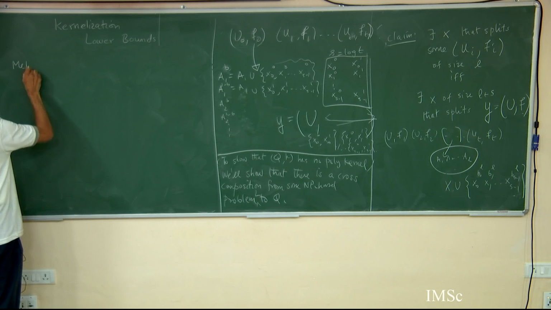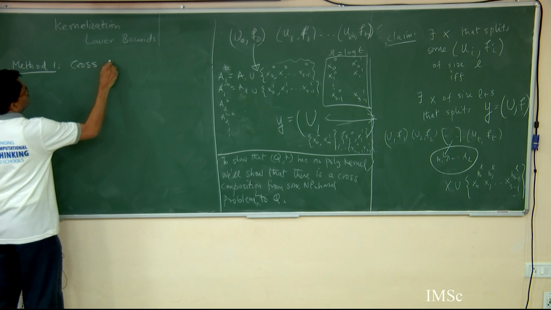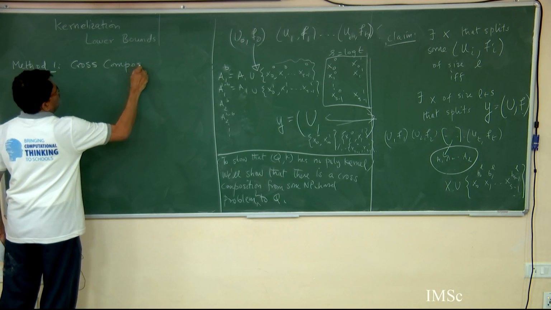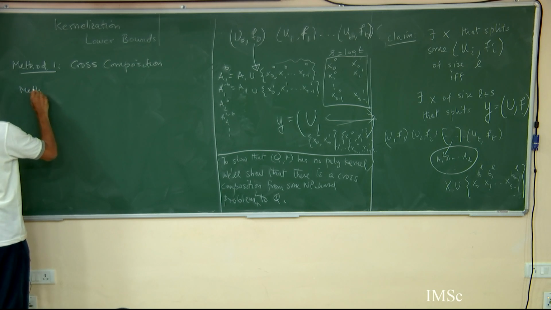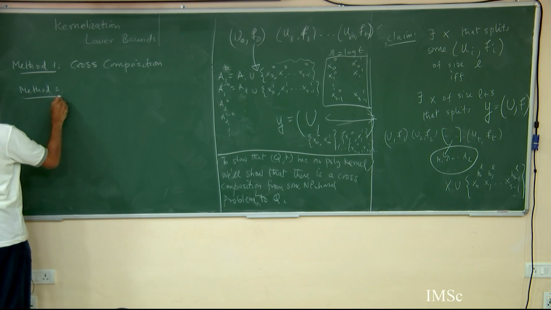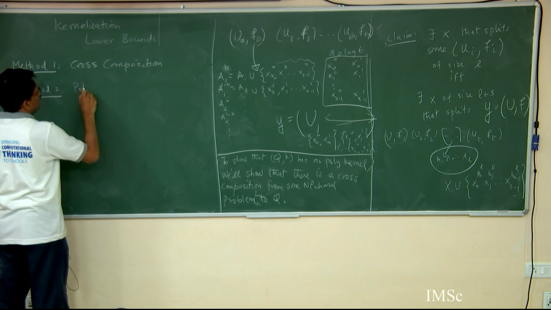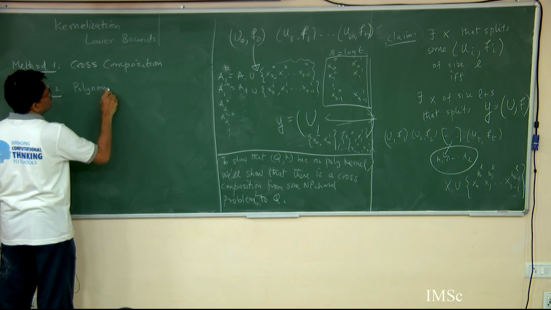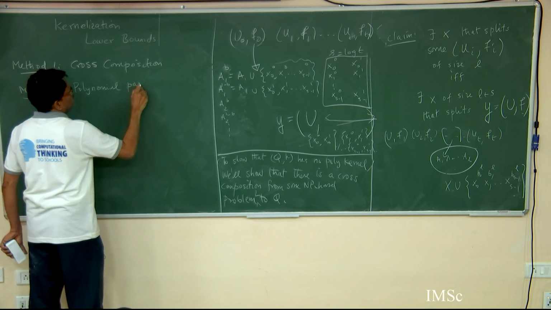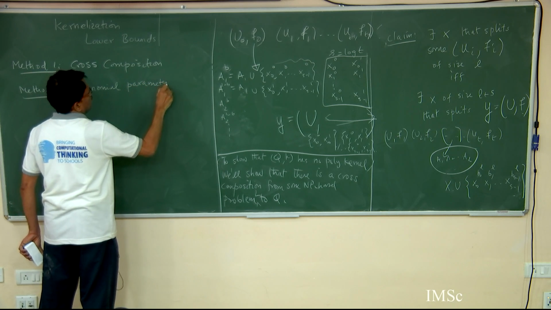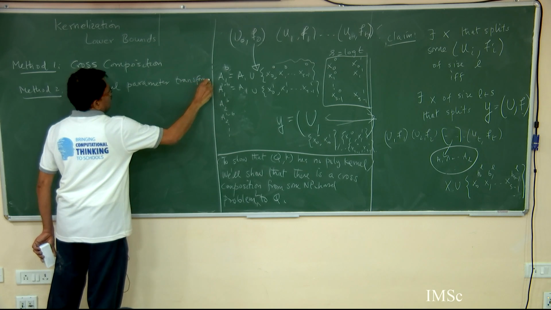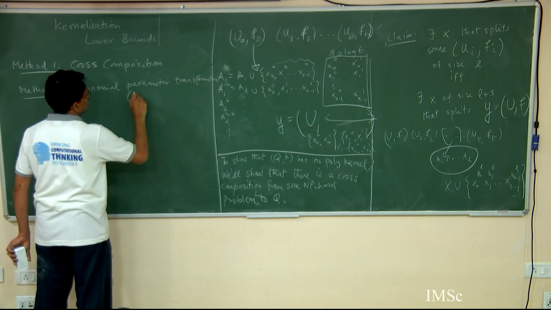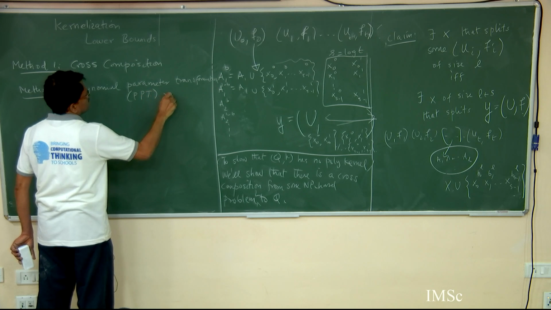So, method 1 is cross composition. Method 2 is called polynomial parameter transformation. I think that is the abbreviation. It is called PPT reduction.